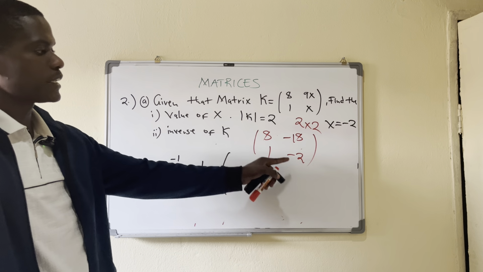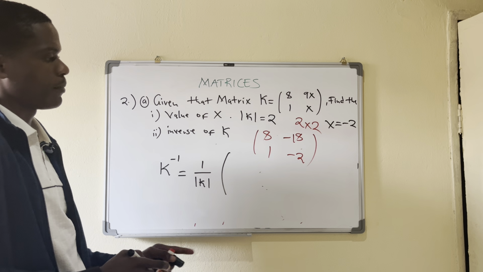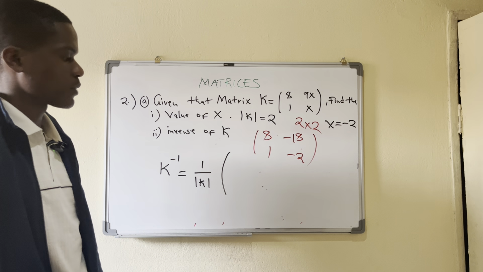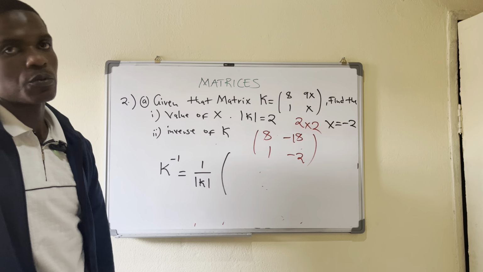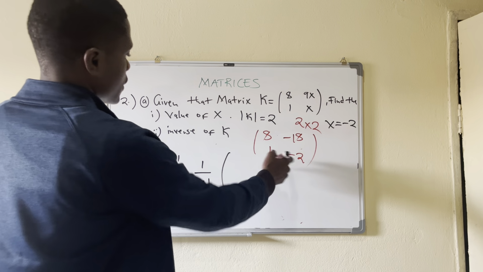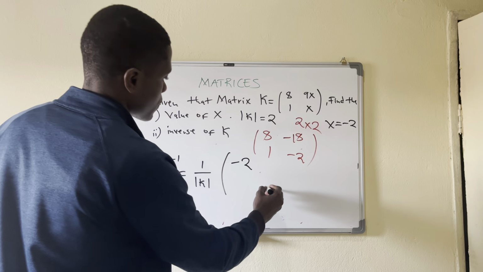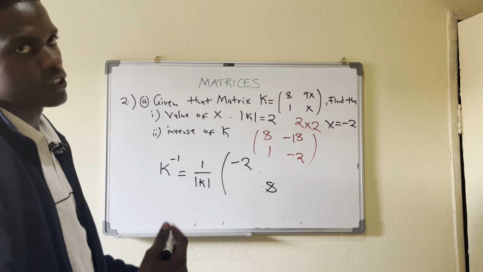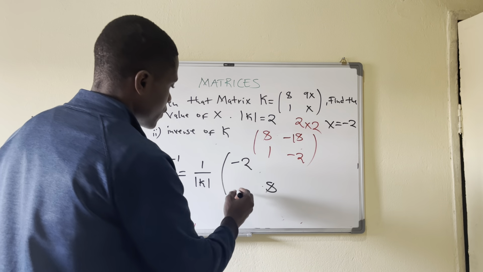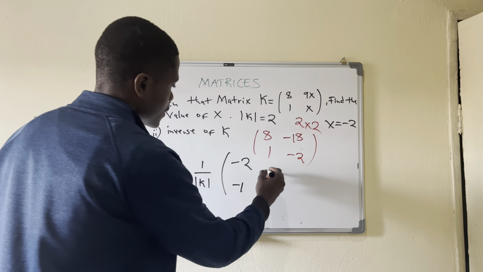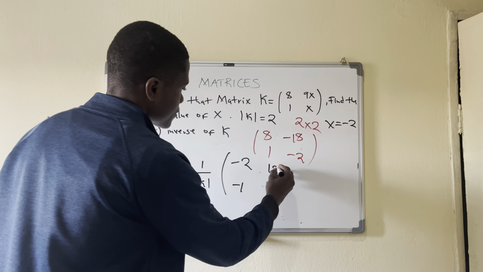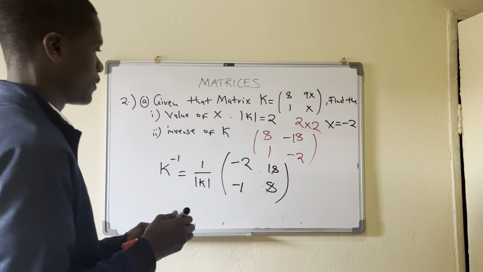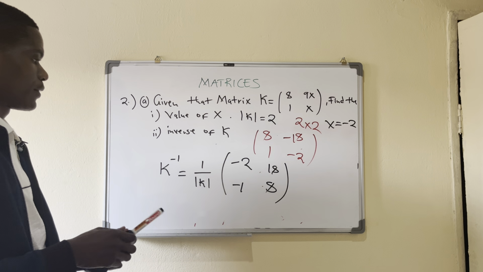In the major diagonal, you need to swap them, implying that the 2 and the 8 will swap, and then in the minor, you multiply by negative 1. So negative 2 will go there, 8 will come down. Then in the other one, we just change the signs. So 1 will become negative, 18 will become positive. Okay, that is step 1.